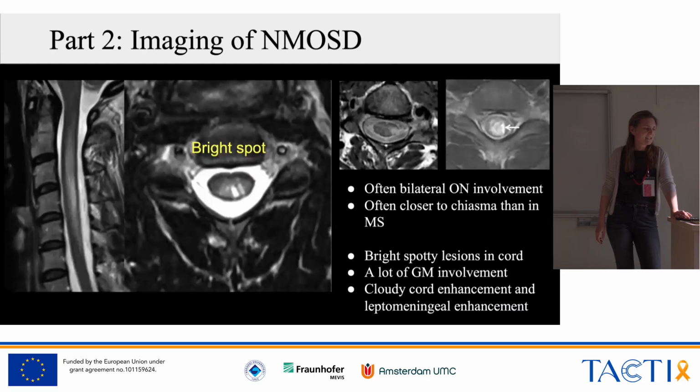What is quite typical is also that you see very bright spots of inflammation, like for example here on the transverse image. Those are also said to be NMOSD typical. And you also see a lot of gray matter involvement. And you can see leptomeningeal enhancement, which is something that is very atypical of MS, on the other hand.